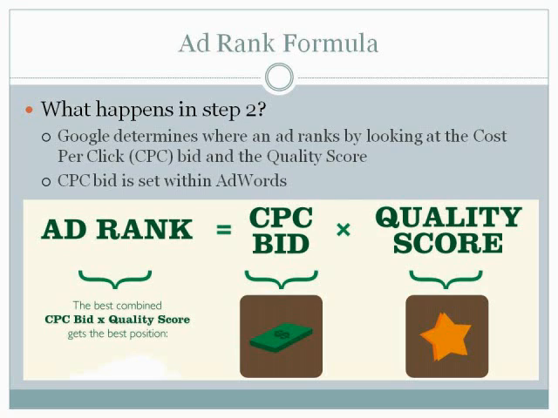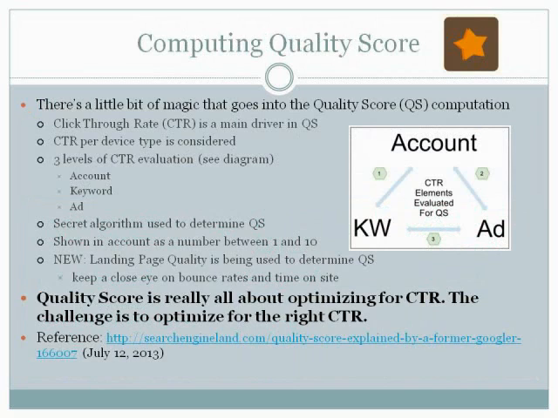So taking a look a little bit deeper into how the quality score is determined. The click-through rate is definitely a main driver. And they look at the click-through rate based on different device types, so mobile is treated differently than other websites.